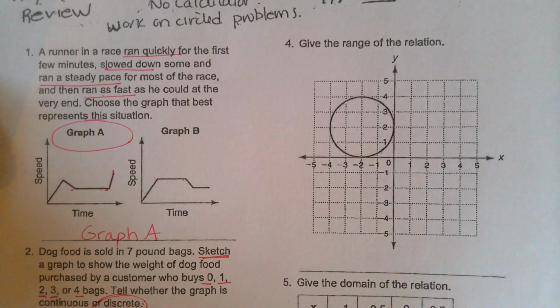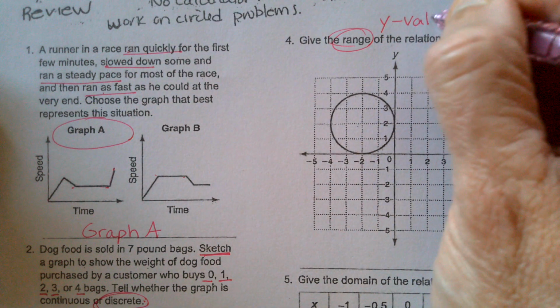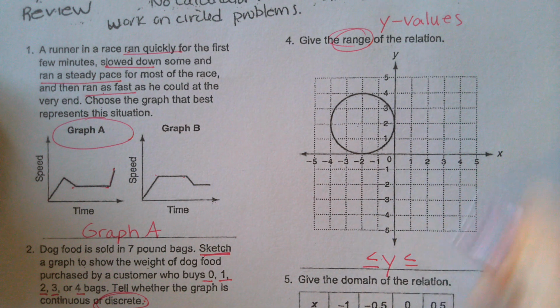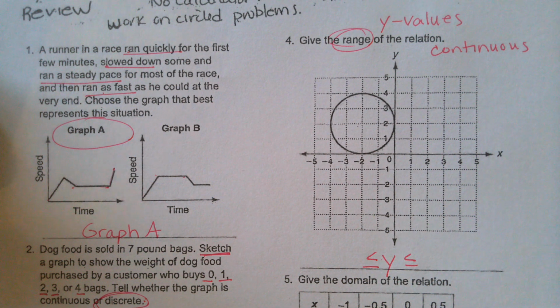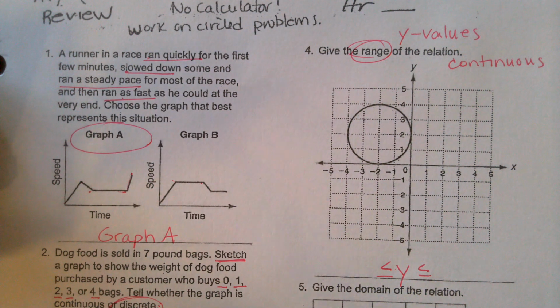All right, when we look over here, the range. That's our y values. So we're going to set it up. I have a graph. This is a continuous graph because it's not just a few select points. It's a continuous going in a circle. And I'm now going to use my little thing here. And if I want y values, how am I going to hold this?